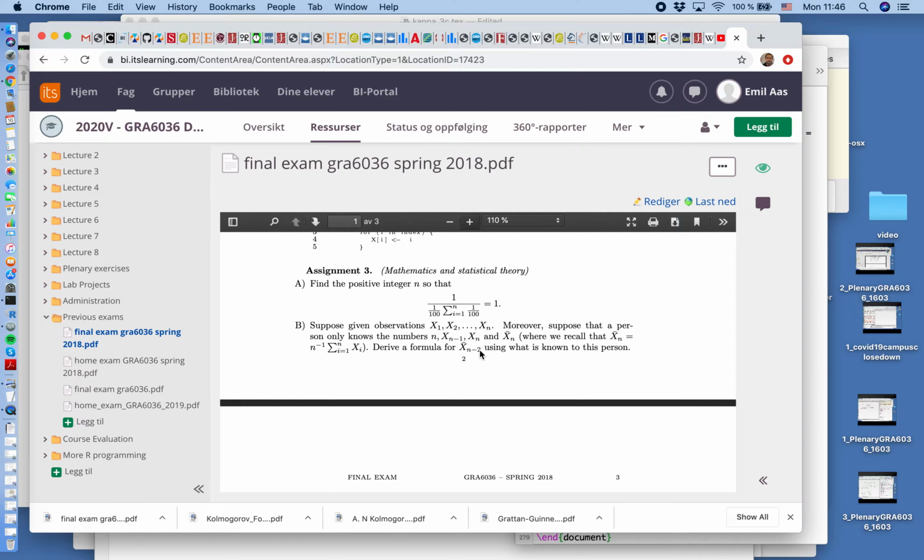And we are to derive a formula for the mean of the n-2 first observations in terms of what we know. So this means that we want a formula for this in terms of these four numbers.